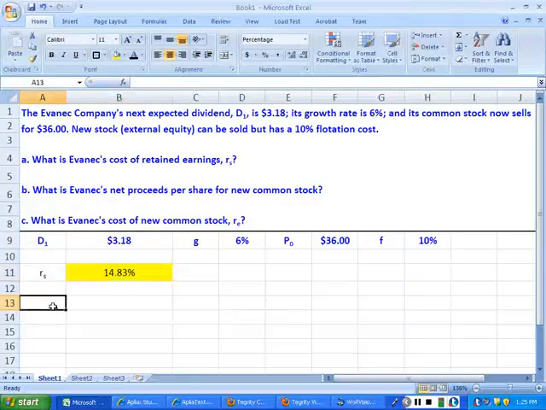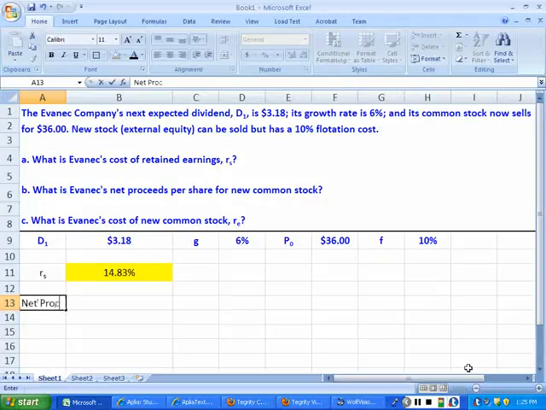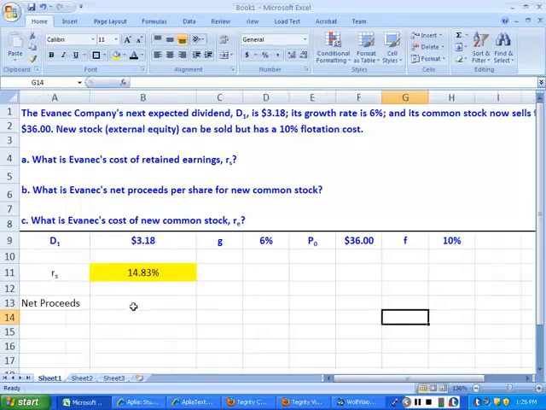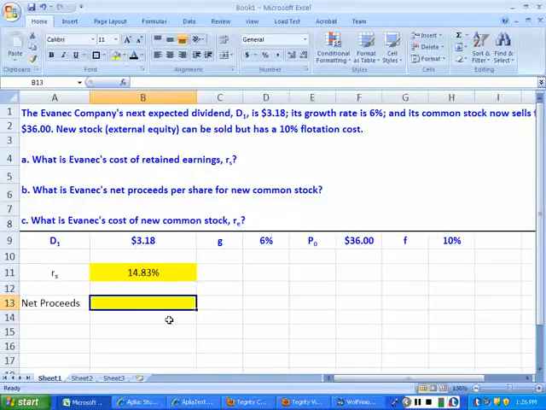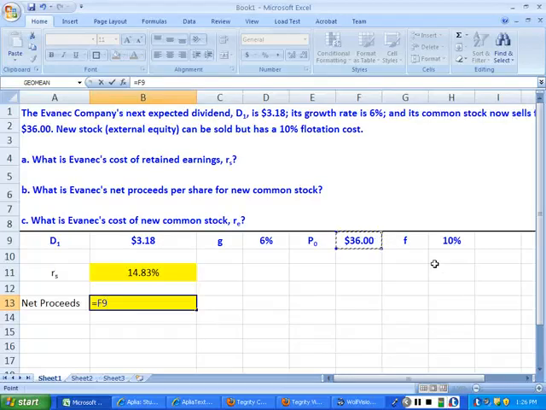So we can go ahead and put that in place here, which is our net proceeds from this sale, which are going to be simply equal to the price of $36 multiplied by 1 minus the flotation cost percentage.